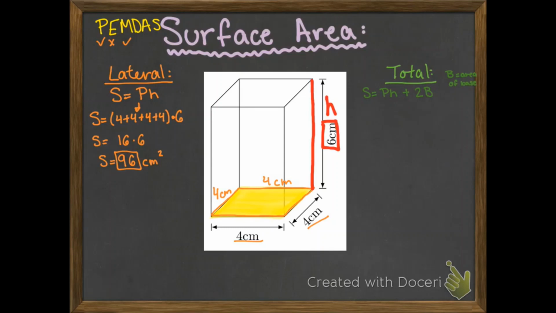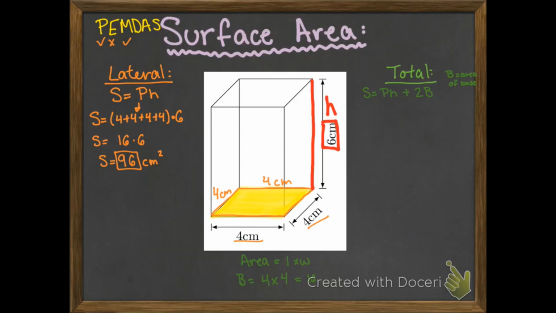In order to find the area of a square or a rectangle, you multiply them together, length times width. So area equals length times width. So in this case, it would be 4 times 4 to give us big B. 4 times 4, we already know, is 16.